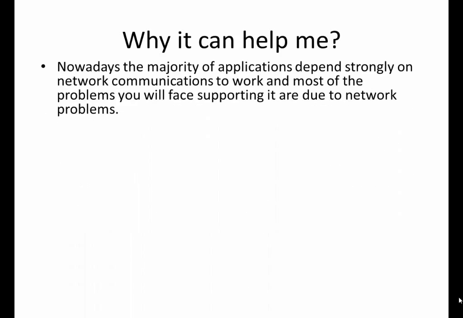Why can this tool help me? Most applications now depend strongly on network communication to work and to work well, so if something goes wrong in your network communication between the client and your server, you will face problems. So how can you spot the problem, what can you do to find out exactly what is causing it?